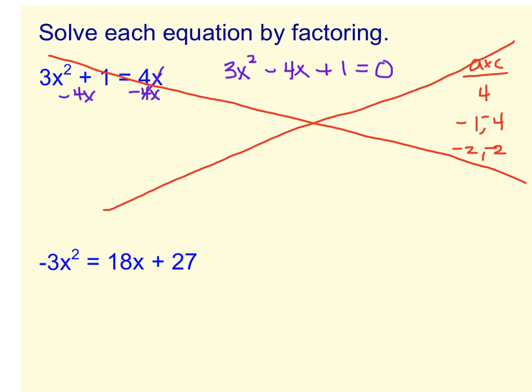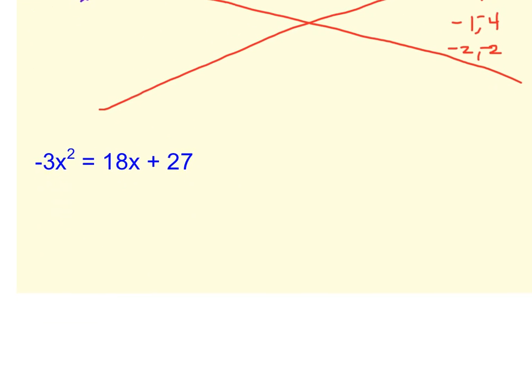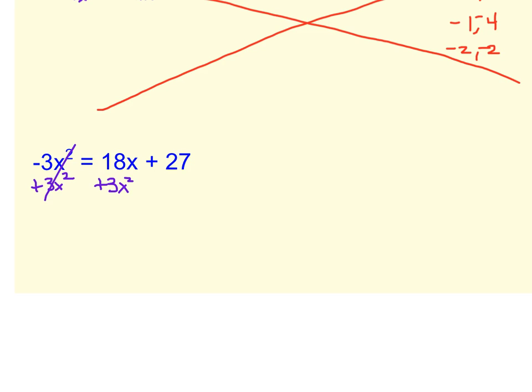All right, so let's just move on to the next one. We have to get everything on the same side, and we notice that we have a -3x². If we can get that to the other side, that will become positive. So let's go ahead and add 3x². So 0 equals 3x² plus 18x plus 27.